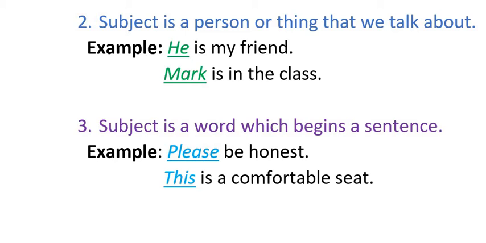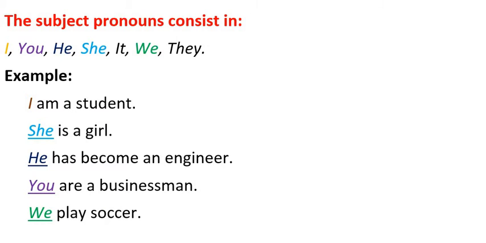This is all about the subject, so let's continue our lesson about subject pronouns. The subject pronouns, which I've highlighted, are I, you, he, she, it, we, they. If we count, guys, we've got seven subject pronouns.